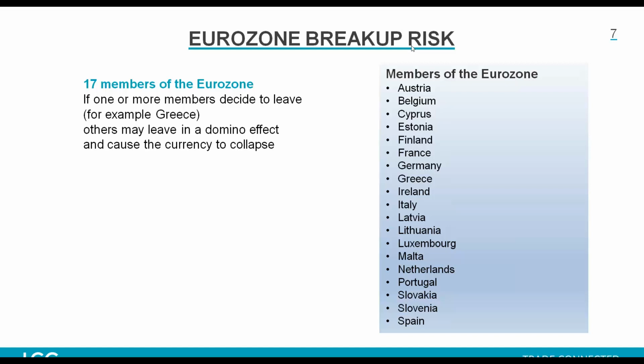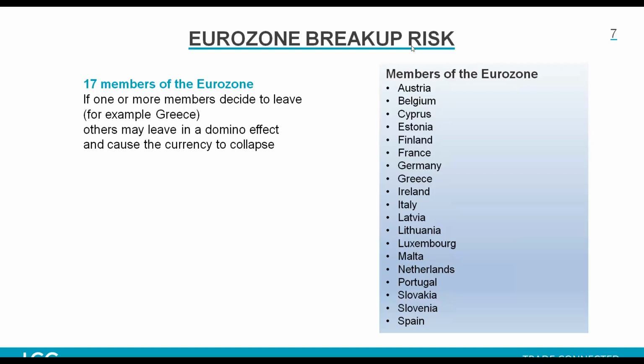But the idea is when there are times of crisis, this issue starts getting brought up. So at the time of this webinar, there were a series of European elections being held and populist parties were touting the idea of leaving the Eurozone, particularly in large countries like France.